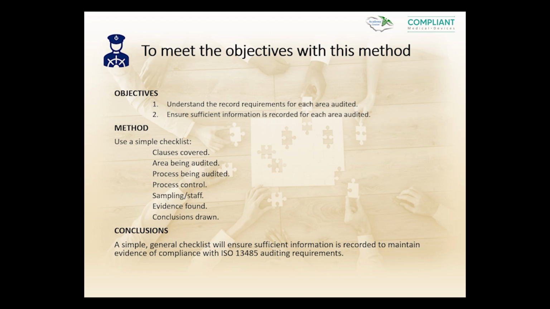The methodology: using a simple checklist to make sure that the clauses are covered, the area that is being audited, the processes that are being audited, the process controls that are in place, sampling of either parts or components, sampling of the staff to measure their levels of competency, and evidence found within that, and again, to re-emphasize, the conclusion drawn from that internal audit. A simple conclusion here is that the general checklist would ensure sufficient information to record to maintain evidence of compliance with ISO 13485 auditing requirements.